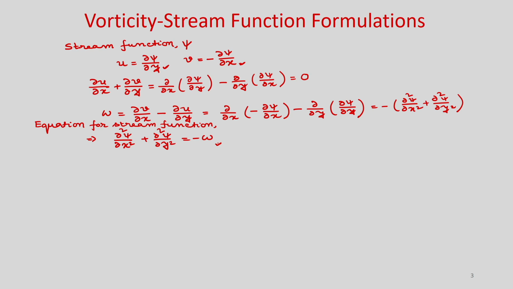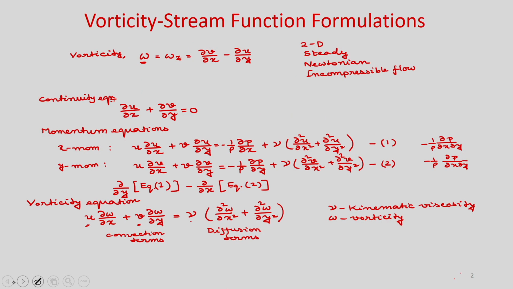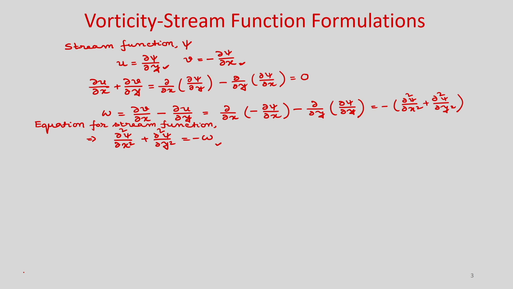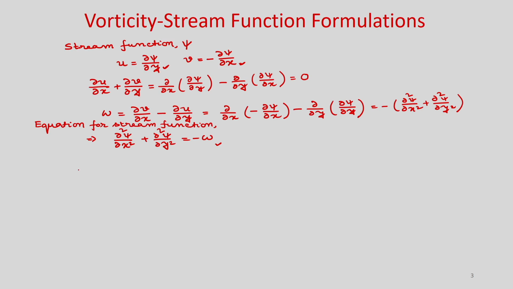Now if you go back and see the vorticity equation, u and v you can get from the stream function. So that means you need to solve two equations. One is your stream function equation, grad square psi is equal to minus omega, and the other is the vorticity equation, which is your convective diffusive equation. So you have u del omega by del x plus v del omega by del y is equal to nu times del 2 omega by del x square plus del 2 omega by del y square.